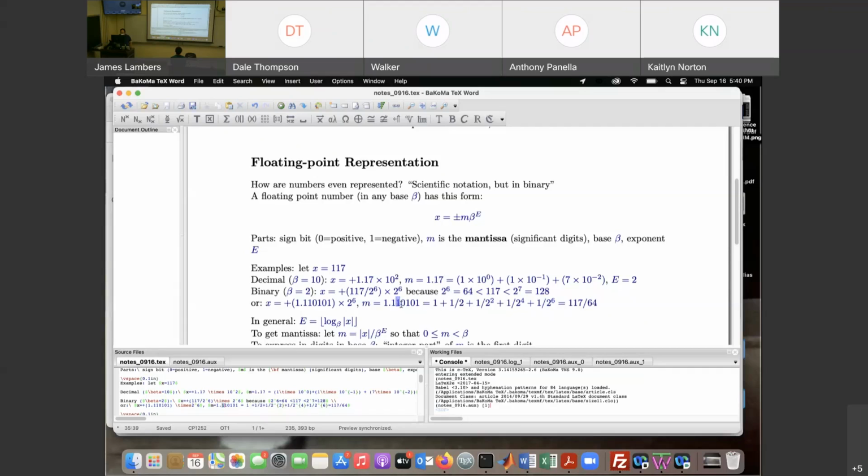The second digit is 1 over 2 squared. So these digits are multiplied by 1/2, 1/4, 1/8, 1/16, and so on. And so the number that this represents, which would be equal to the sum of these negative powers of 2, is the original number, 117, divided by 2 to the exponent, 117 over 64.